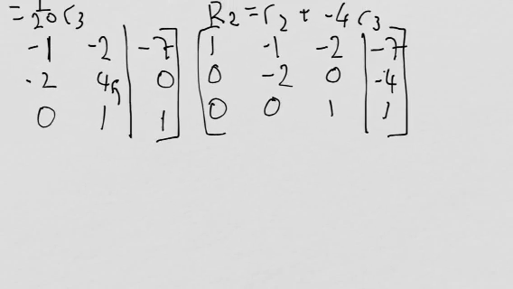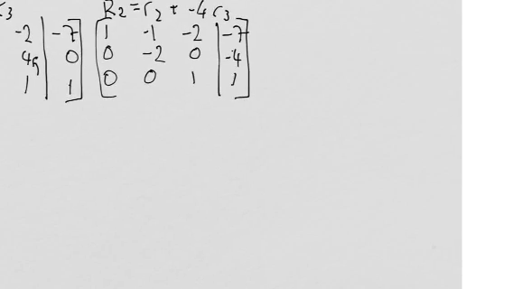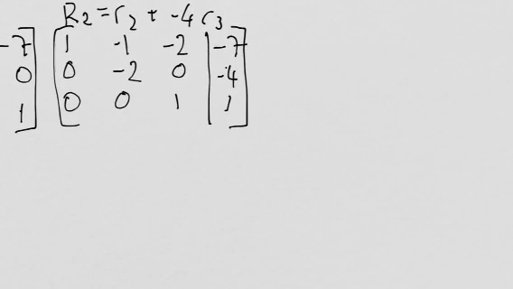And now let's move over once again. Now we want to make that negative 2 a 0. In order to do that, because we're editing row 1 now, we do R1 equals R1 plus 2R3. We know that the lower rows are going to stay the same because we are not editing them.